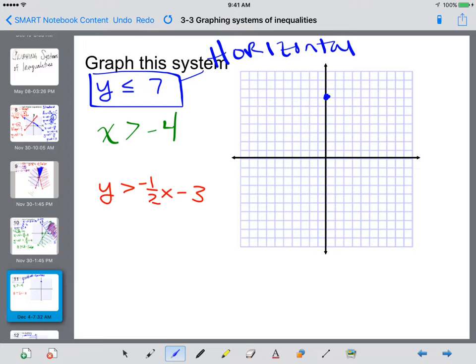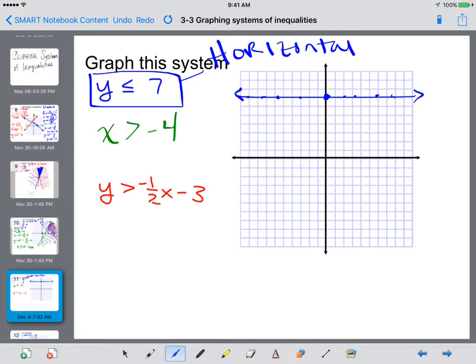All of the y's on this line have to be 7. So if I made a bunch of points that were horizontal on this line, all of the y values have to be 7, and they are. It is a solid line. So I connect them.